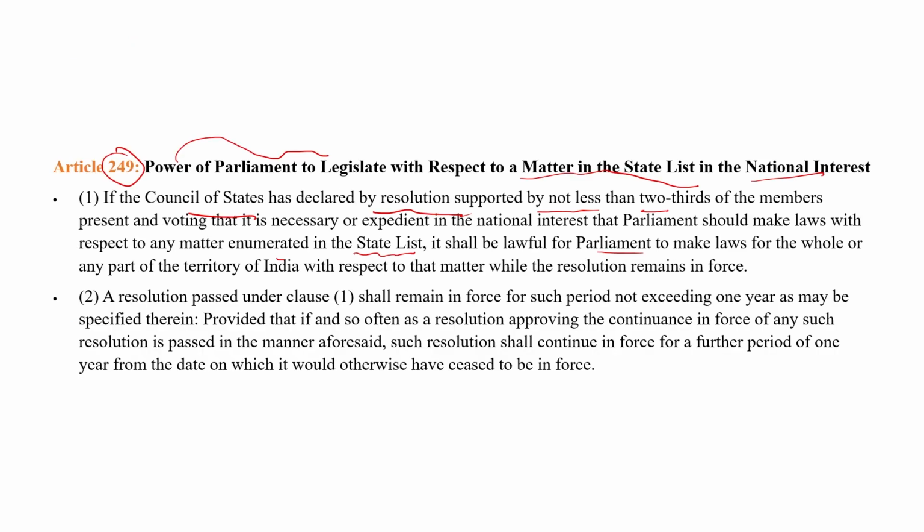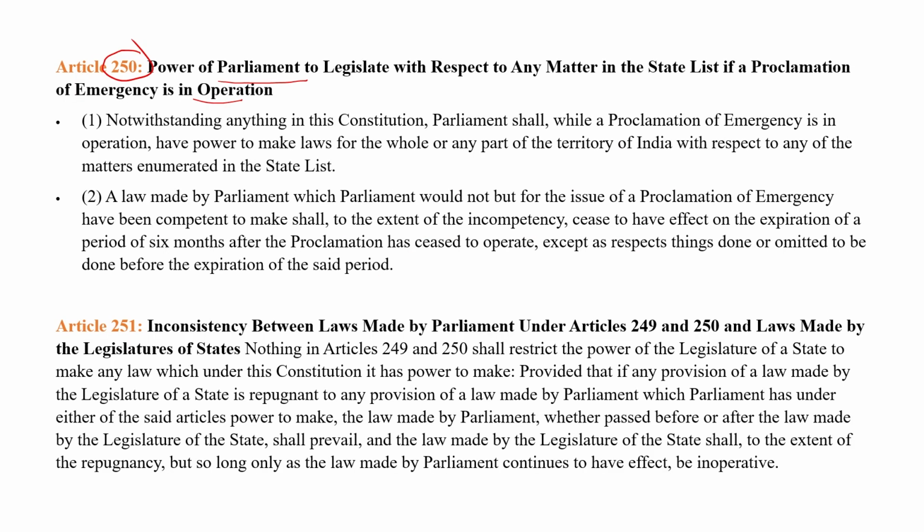In previous slides, we discussed that if the law is for national interest and Rajya Sabha has passed a resolution by a two-thirds majority, then Parliament can make law for a state subject. And if there is a national emergency in India, in that situation, Parliament can make law also.